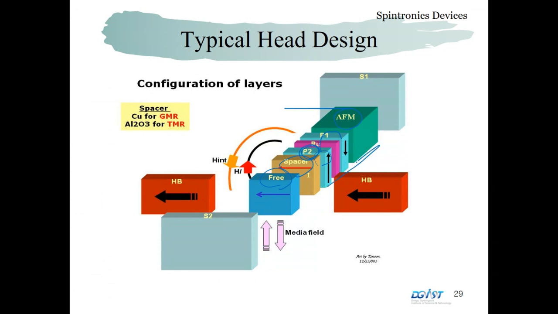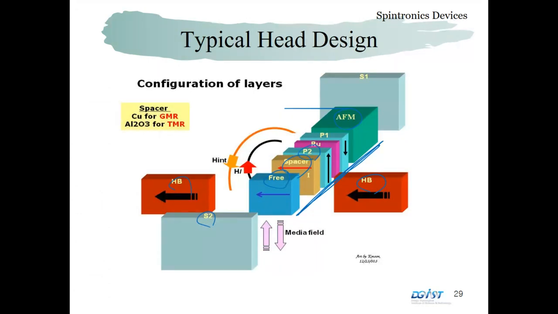This is the typical configuration of MR sensors, and there is something more, but it's too much to explain here. But anyway, the most important part of this sensor is the free layer and the spacer layer with another ferrite layer.